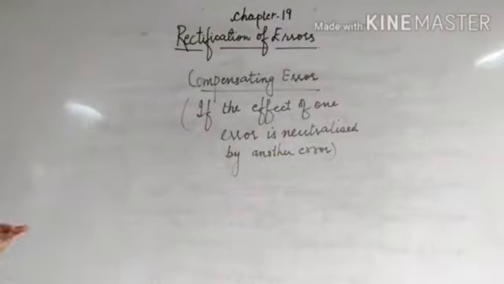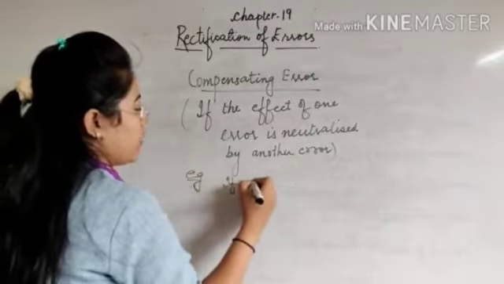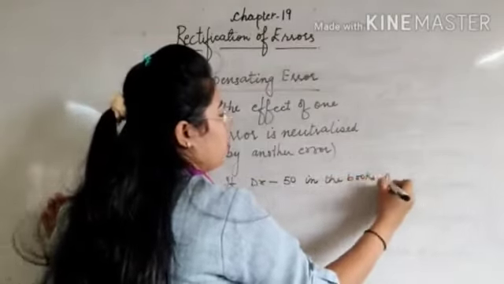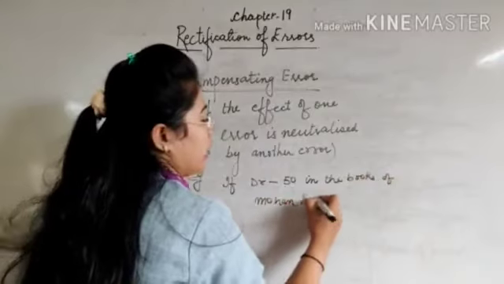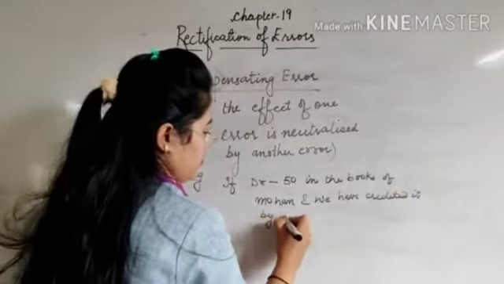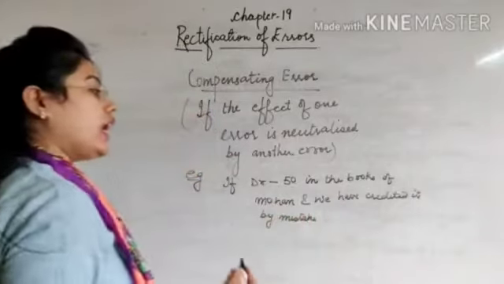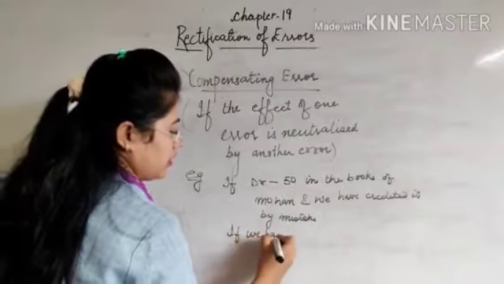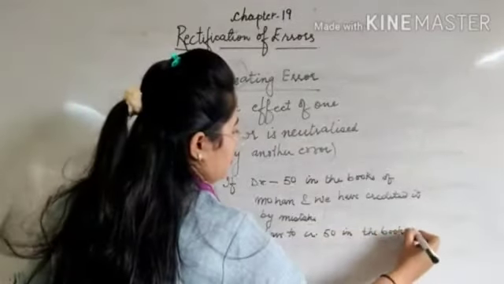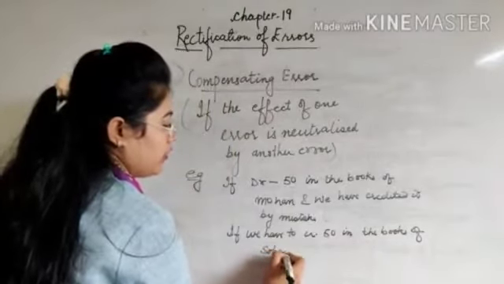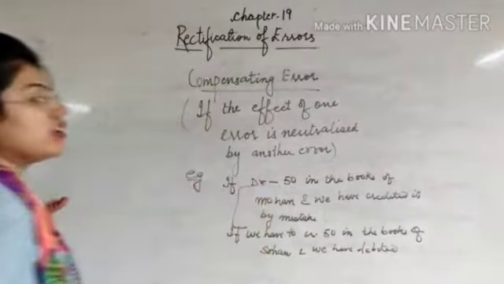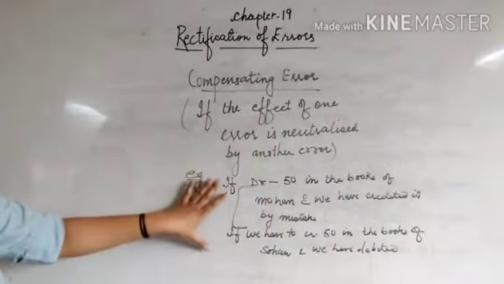For example, if we have to debit rupees 50 in the books of Mohan and we have credited it by mistake, and on the other hand, if we have to credit rupees 50 in the books of Sohan and we have debited, then both the transactions will neutralize each other and the effect is nil.